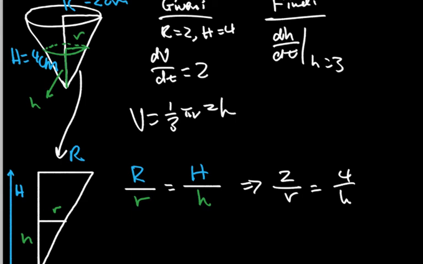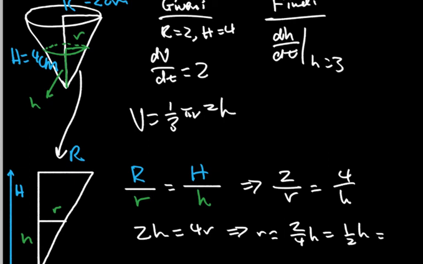If we do that out, then we get 2h equals 4r. We want to have something with just h's because that's going to be more convenient for us. So let's get rid of r and isolate it. r equals 2h over 4, in other words, 1/2 h, or you can just think of it as h over 2.